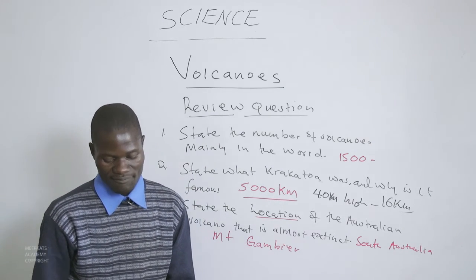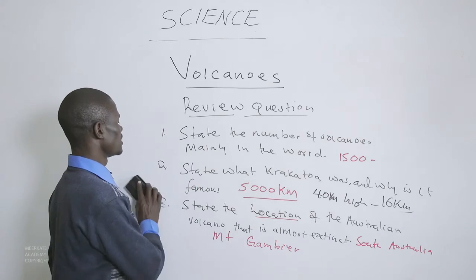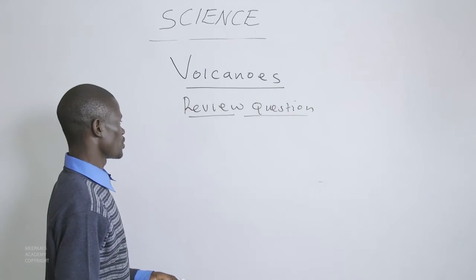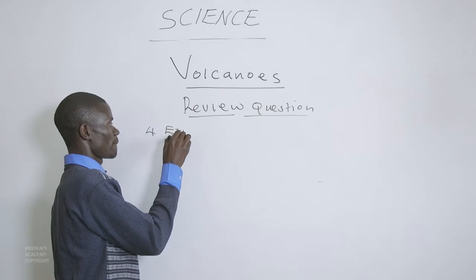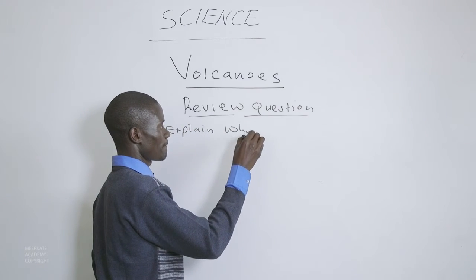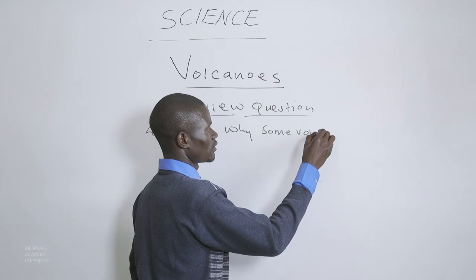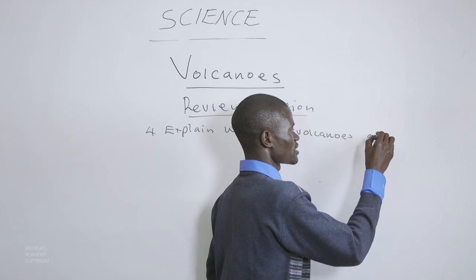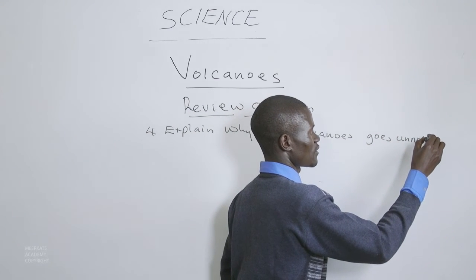Explain why volcanic eruption sometimes goes unnoticed. That is question 4. This is a question for us to remember. It asks us to explain why some volcanoes go unnoticed.